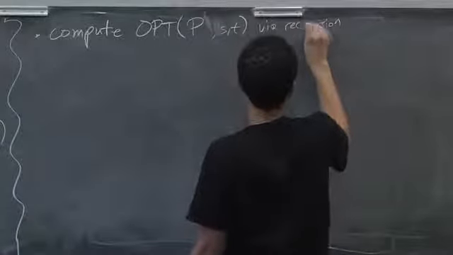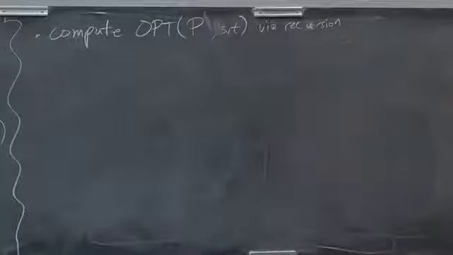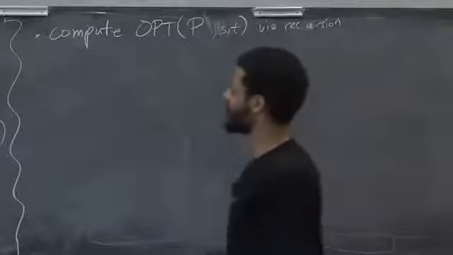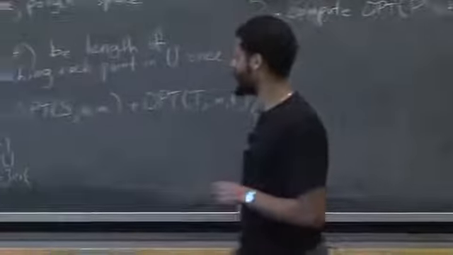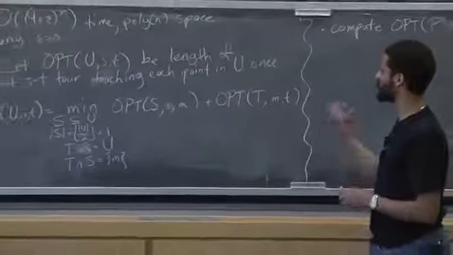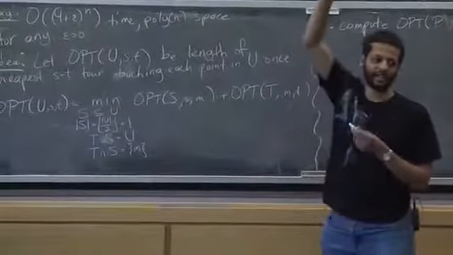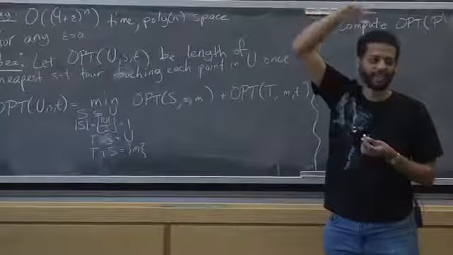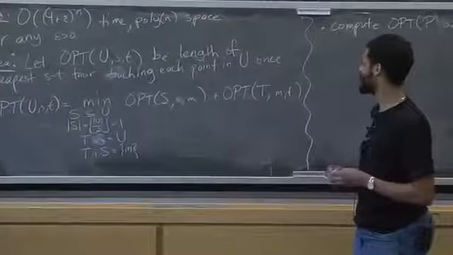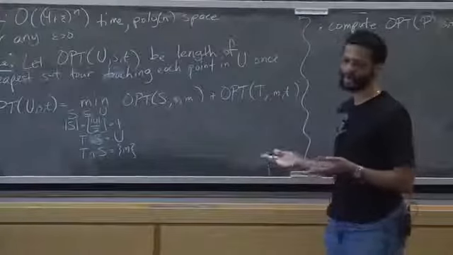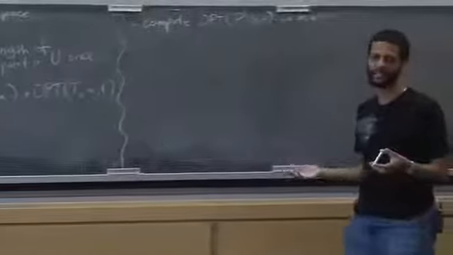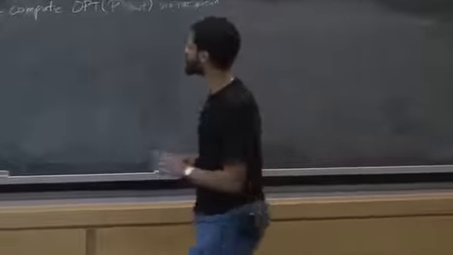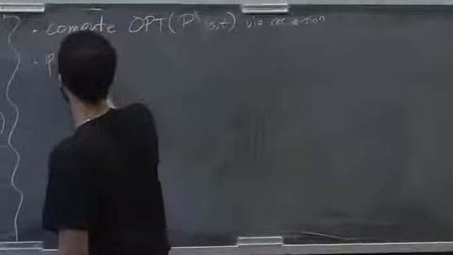Just do it by recursion. So the space complexity is definitely poly-n, because at every point, you just really have to remember the current set that you're at, plus all the levels in the recursive stack above you. The depth of this recursion is no bigger than log of the number of points. And to remember the current set takes, again, at most n space. So this is poly-n space.